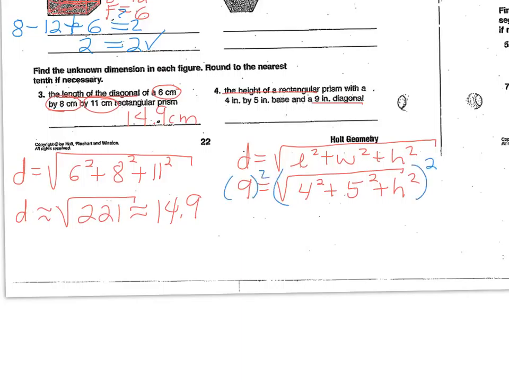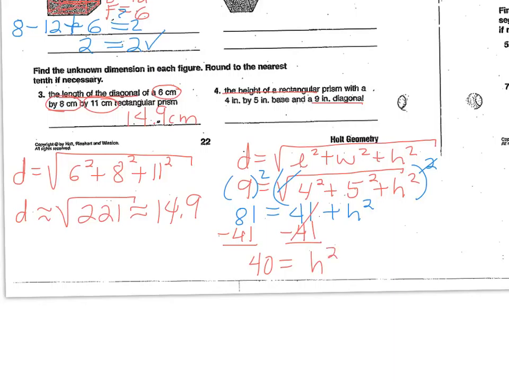So that would be 81. And then let's put that in the calculator. 4 squared plus 5 squared, which is 41. Okay, so far that's what I have. What's the next step? That's right. What you do to one side, which is 41, you do to the other. So you subtract 41. And that is 40.